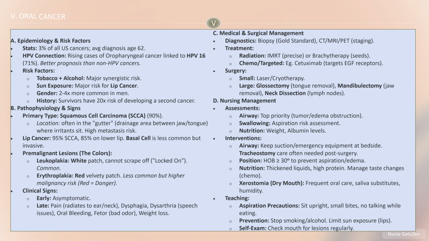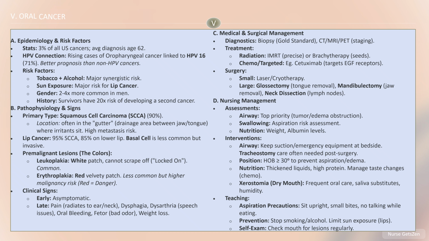Chemotherapy can be used alone, like neoadjuvant, or after surgery or radiation as adjuvant. Targeted therapy, we have medications for that. For surgical management, small lesions can be removed using a scalpel, laser, cryotherapy, and photodynamic therapy.